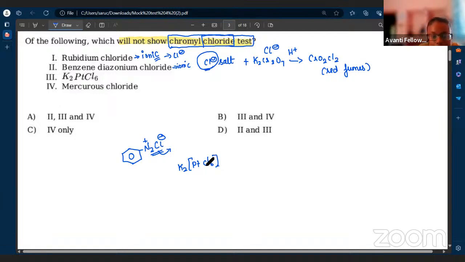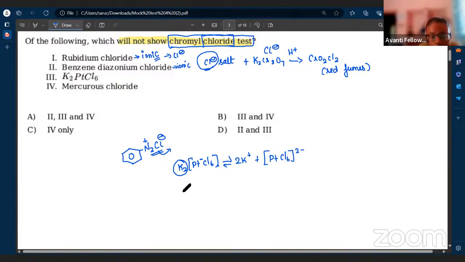Because the bond is very strong here. When you dissociate this, you'll get 2K plus and PtCl6 2 minus. So the chloride ion will not come out.